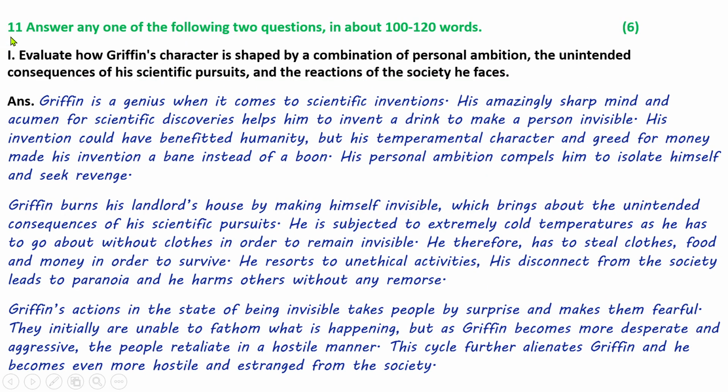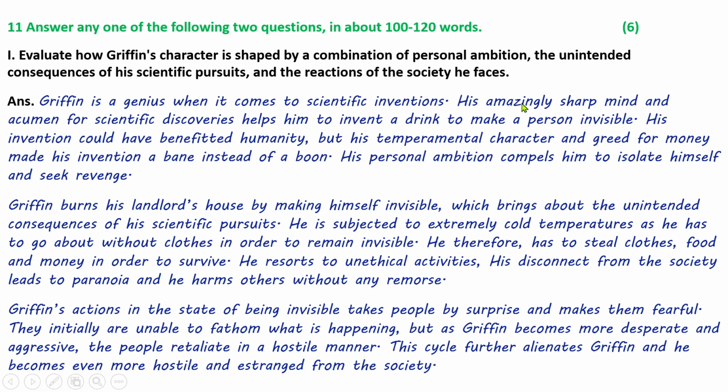Question 11. Answer any one of the following 2 questions in about 100 to 120 words. Marks allotted is 6. Evaluate how Griffin's character is shaped by a combination of personal ambition and the unintentional consequences of his scientific pursuits and the reactions of the society he faces. Answer. Griffin is a genius when it comes to scientific inventions.